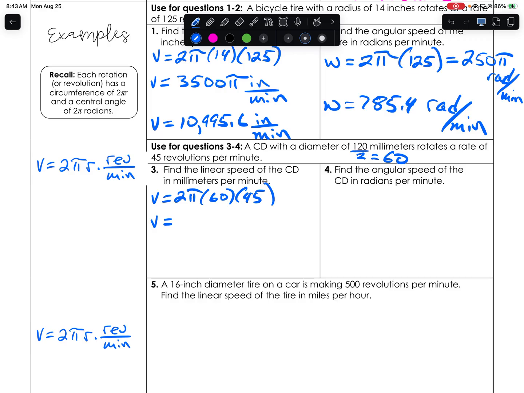Why do you cut the 120 in half? Just because it was a diameter, and we have to put radius in that formula. Should I just kind of know off the top of my head how to convert?